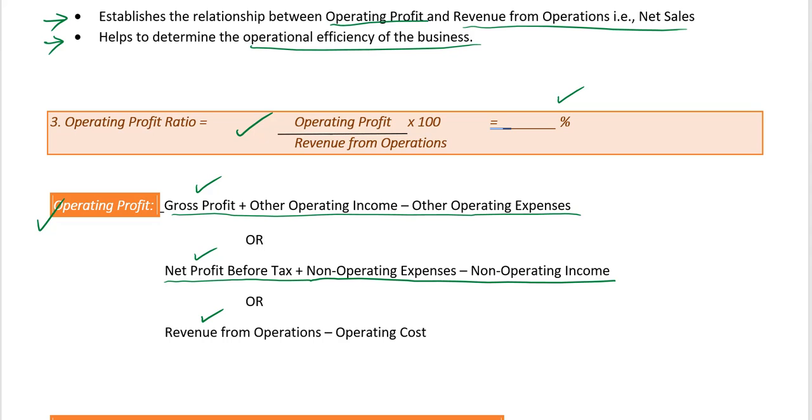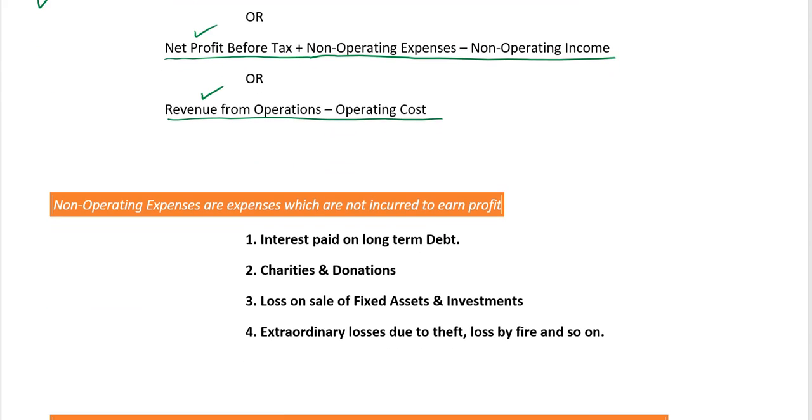And where the revenue from operations is given, we can use the formula revenue from operations minus the operating cost. Now we've seen two terms here called non-operating expense and non-operating income. We'll see how to arrive at that in detail.